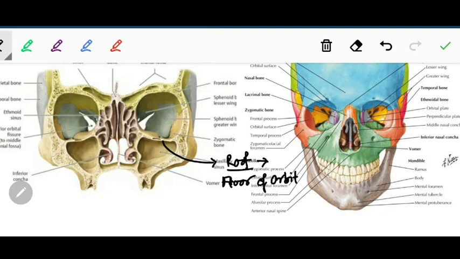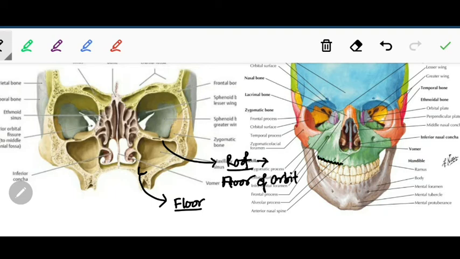Opposite the roof is the floor of the maxillary sinus, and compared to the roof, the floor is very small. And it is formed by the alveolar process of maxilla.